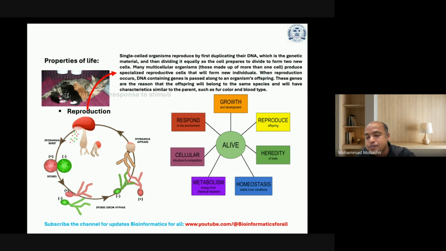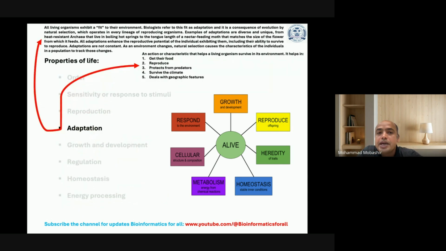And then next, adaptation. For example, to live in a highly cold region or highly warm region or inside water, that is to adapt to the environment. So in definition, we could say all living organisms exhibit a fit to the environment. Biologists refer to this fit as adaptation.